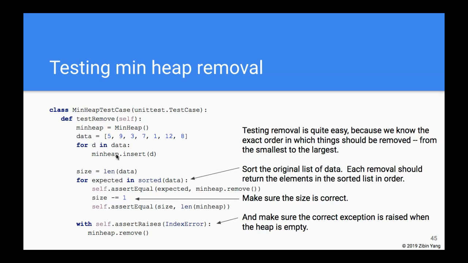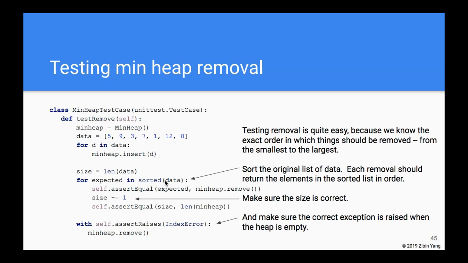So we begin with the number of elements in the original data array, which would be, I guess, 7. And every time we remove one, the size is decremented by 1, and we check the size against the length of the min heap and make sure it's okay.